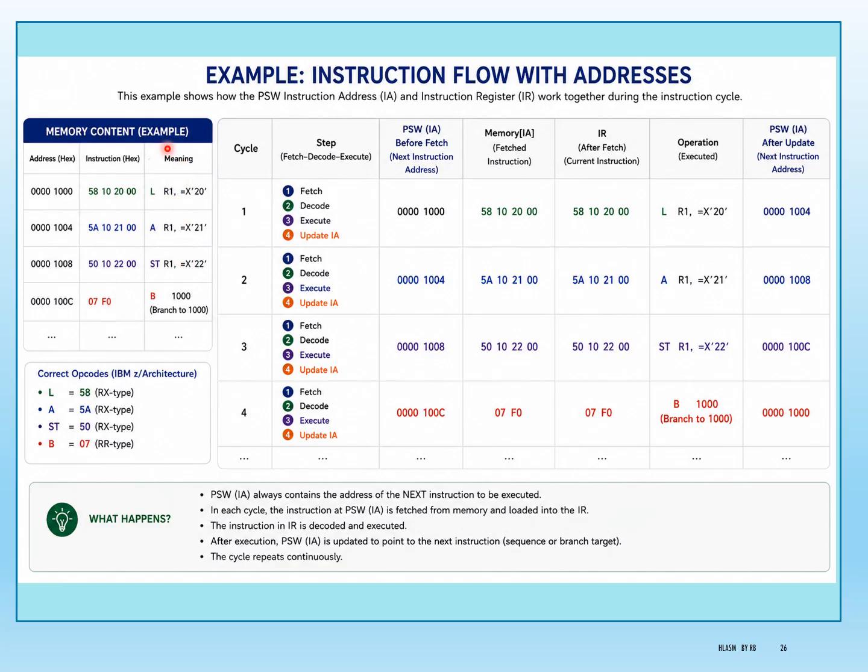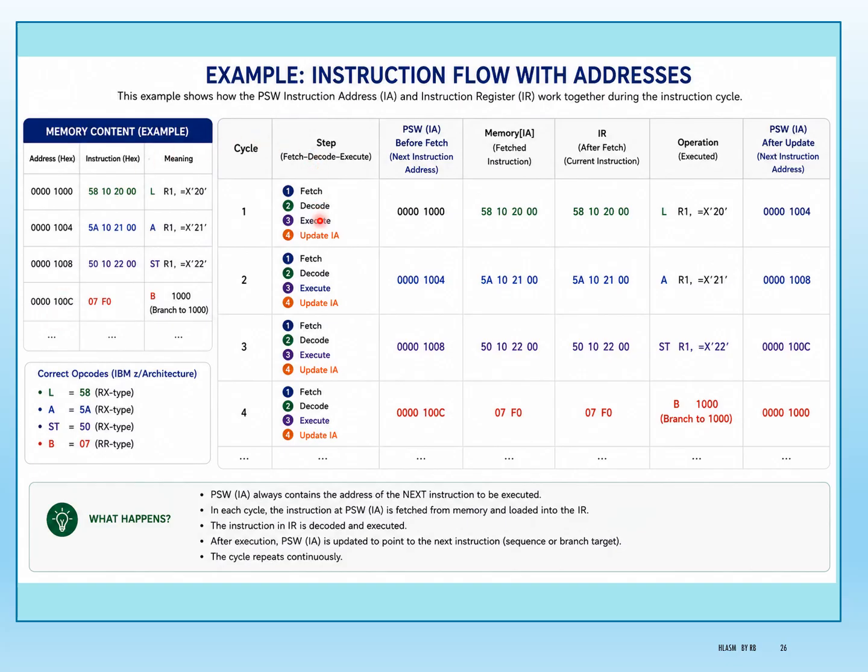But this is, let us say, your executable code. Where is this instruction in the memory? It is at 1000. This instruction is at 1004. This instruction is at 1008, and this instruction is at 100C. This is the content of the instruction, and this is the address of that instruction.